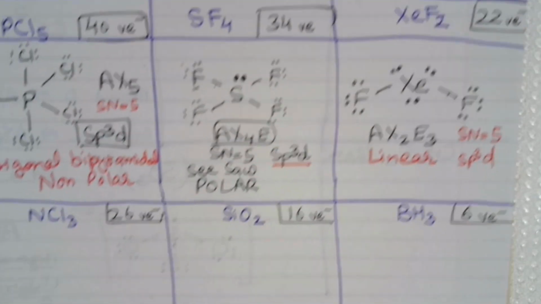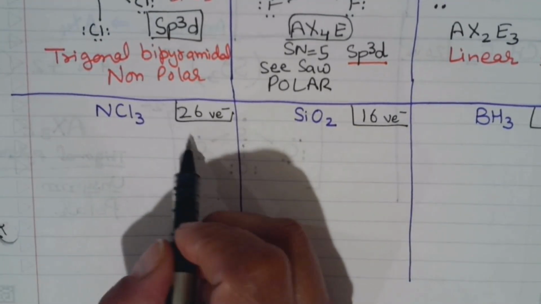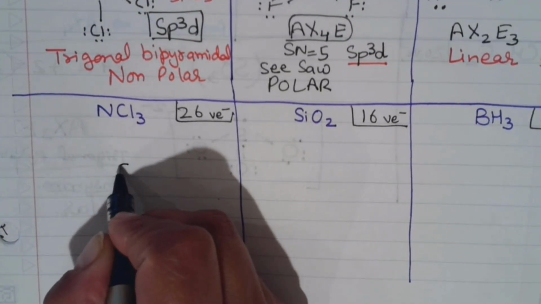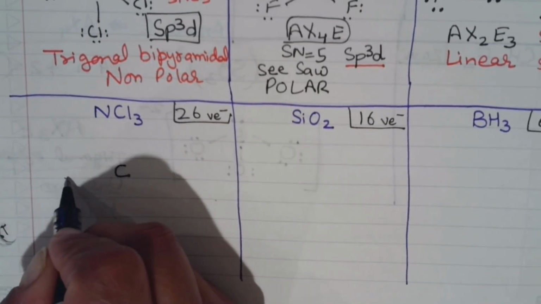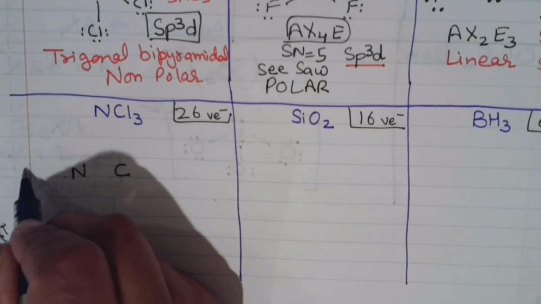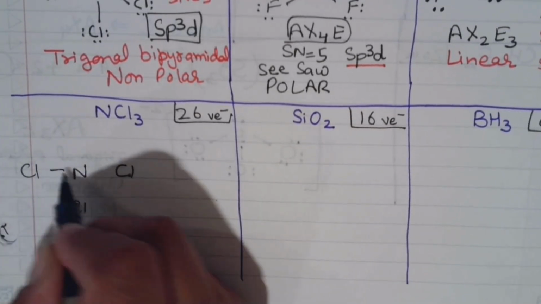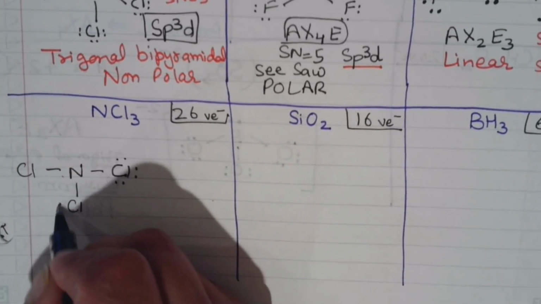Next we have NCl3. NCl3 has 26 valence electrons, and if you draw the structure, we have 1 nitrogen here, 1 Cl here, 1 Cl here, right? And then you join all of these, give them 6 electrons each.